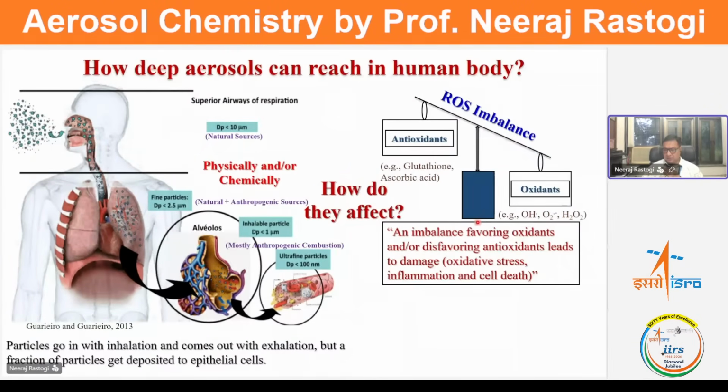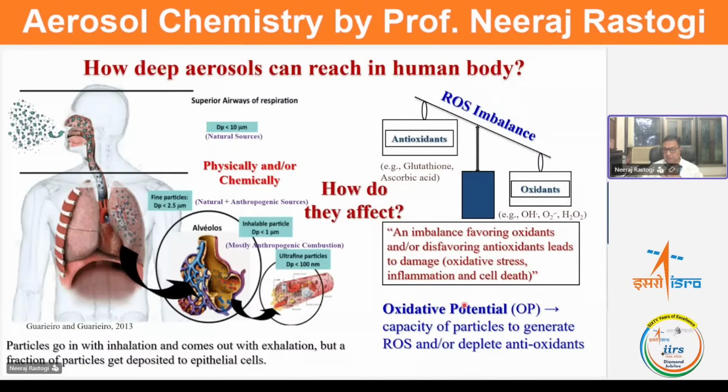So if there is an imbalance favoring oxidants or disfavoring antioxidants, that leads to damage. ROS imbalance causes oxidative stress, inflammation, and cell death, which results in a variety of diseases, which we were discussing in the previous slide.